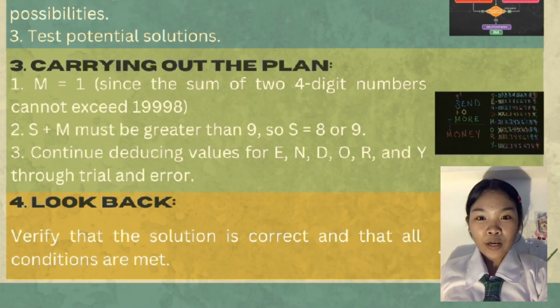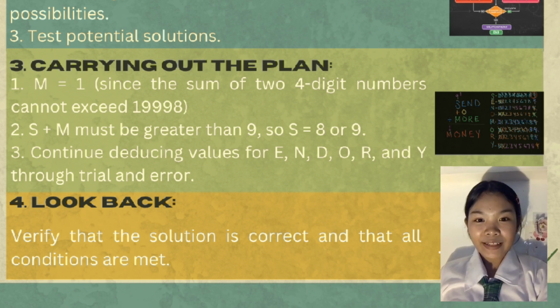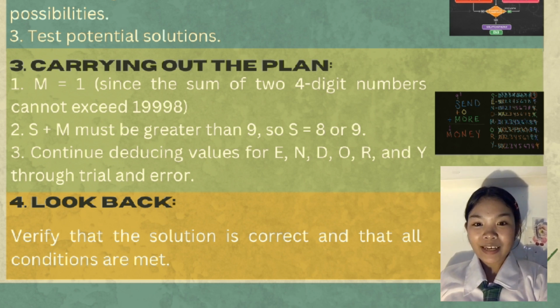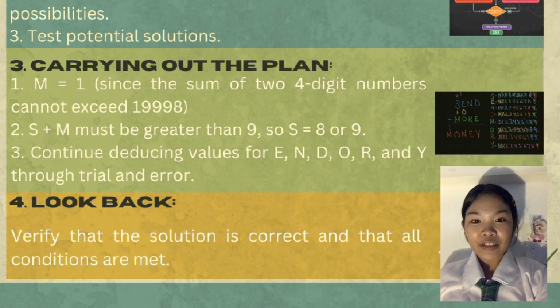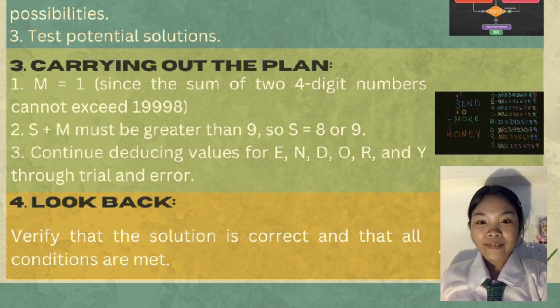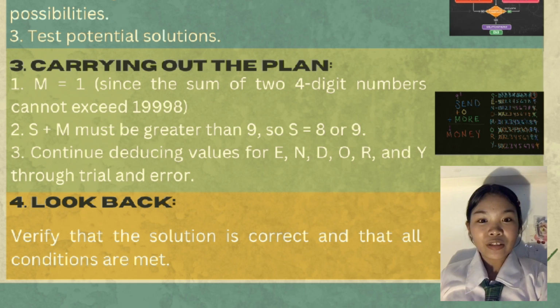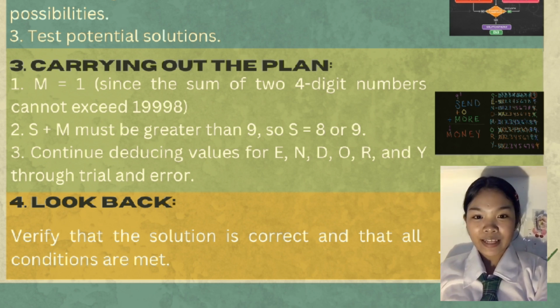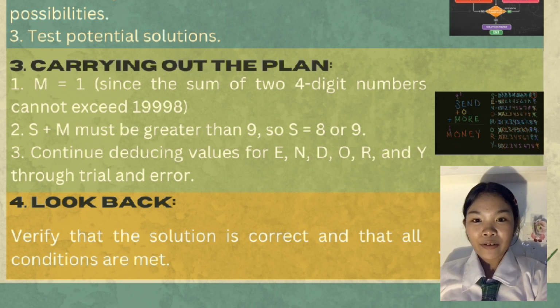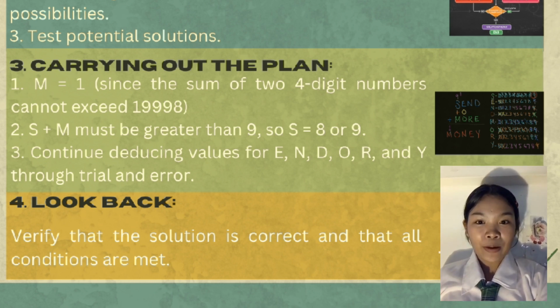Carrying out the plan. To solve the puzzle, each column is analyzed as an equation. From the units column, O plus X equals 10, giving a carry of 1. The tens column gives W equals T plus 1 equals 9. And the hundreds column gives I equals O plus T plus S minus 9, with the leftmost carry equal to N equals 1.